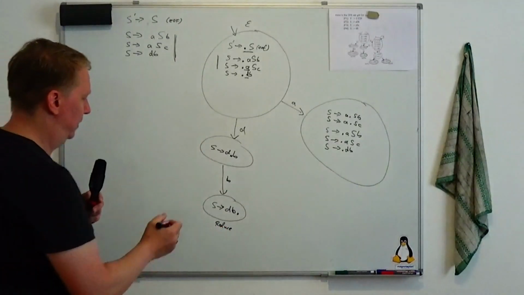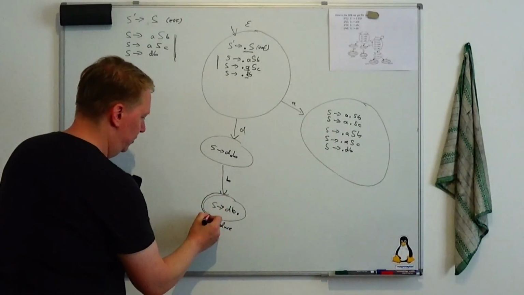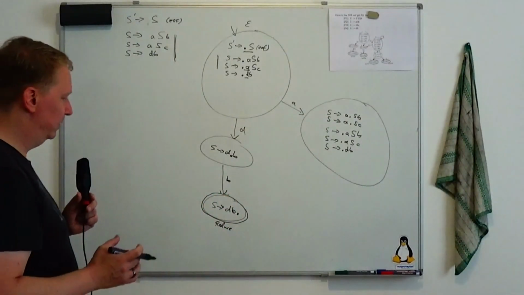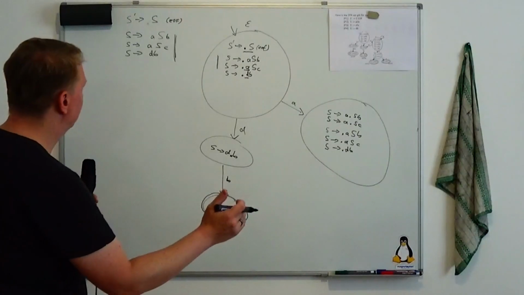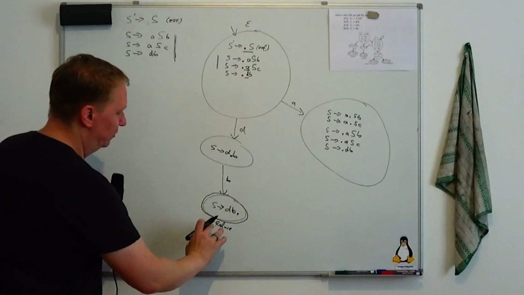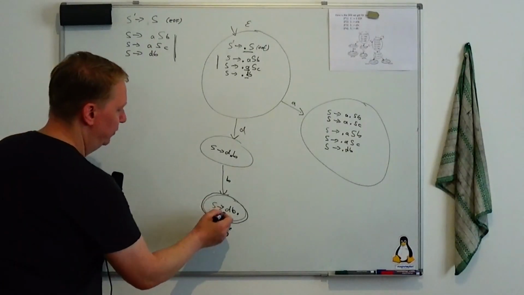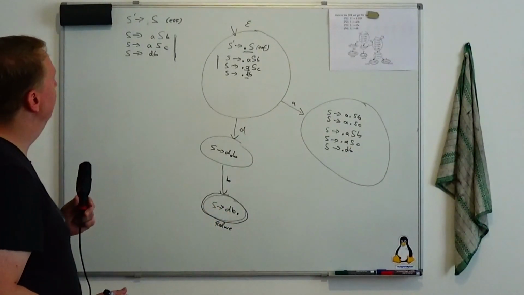Many people draw this like an accepting state, but okay. So if the point is really at the end of the production rule, then that's a reduce information. This tells us, okay, if we are here, then we can reduce with this production rule.